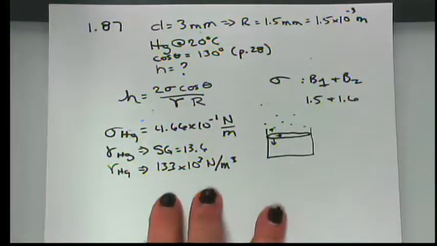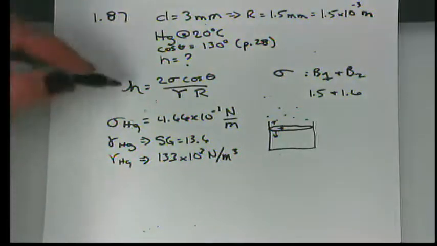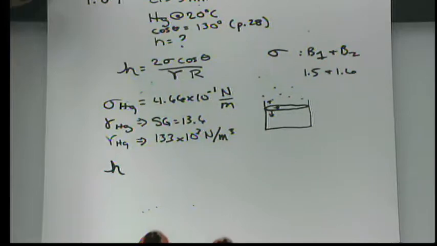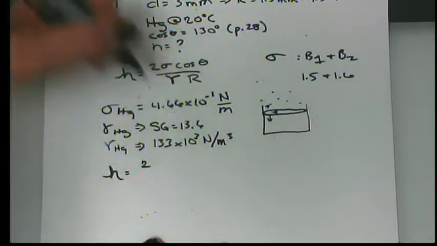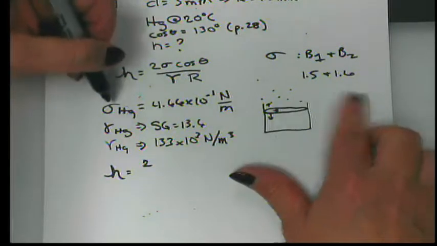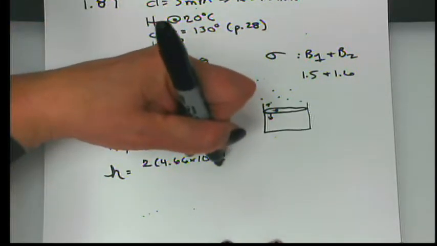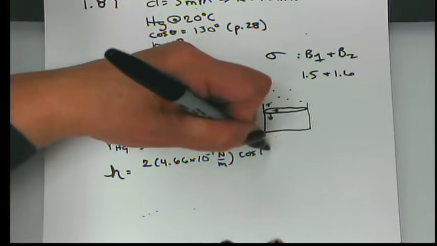Okay, so now we've got all of our data. Let's plug it in and see what we come up with for units on our answer. So our H, or our capillary rise or depression, is going to be 2 times the value for surface tension, 4.66 times 10 to the negative 1 Newton per meter, times the cosine of 130 degrees.